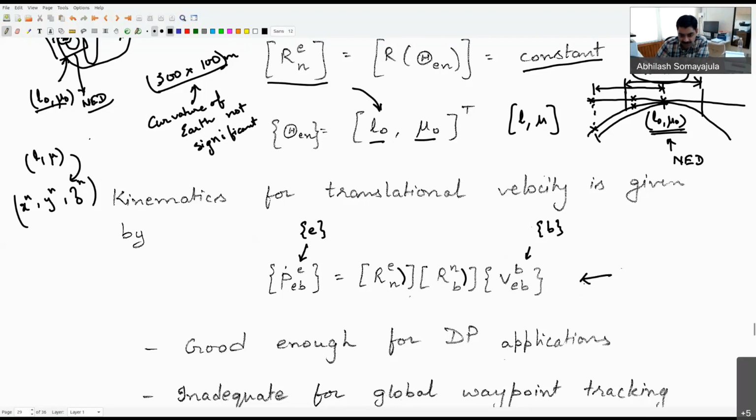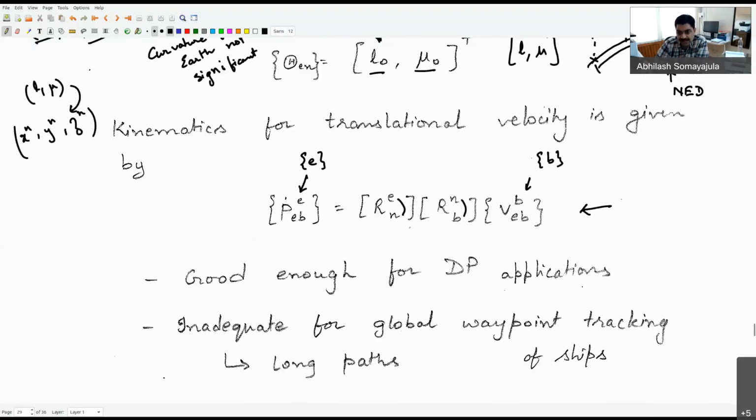All right. This sort of kinematics is fairly good enough for dynamic positioning applications, which is what our course is all about. We are looking at dynamic positioning applications where we have maybe an offshore structure or a moored system, an FPSO system, and we want to make sure the vessel is moving in a certain region but not drifting away by large areas.